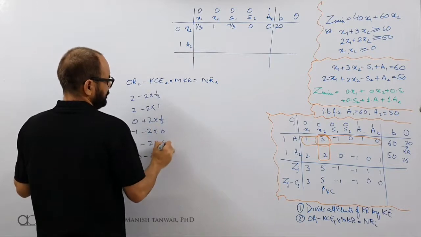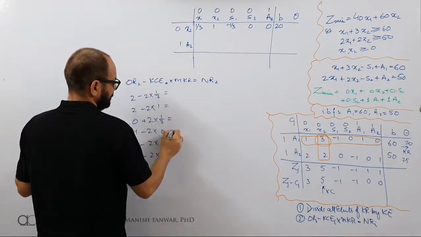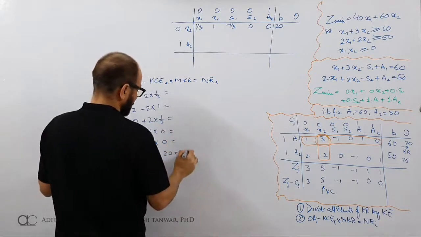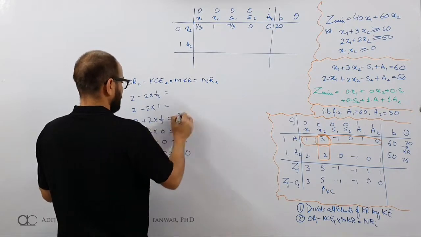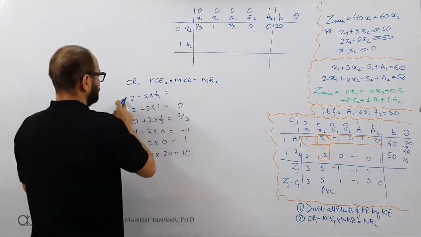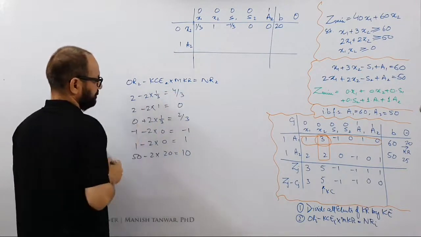We have a 0, 0 and 20. Giving me 50 minus 40, 10. 1 minus 1, 2 by 3. 0. 6 minus 2, that is 4 by 3.